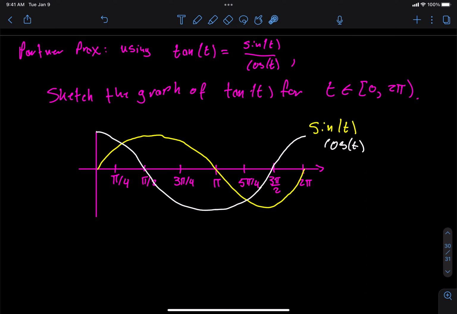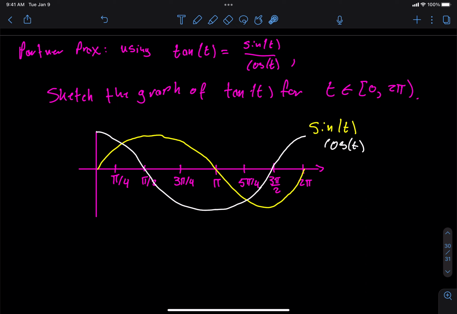Remember, to get the height of the tangent, we're going to take the y value and divide it by the x value. So what is the y value? Very close to 1. How about the x value? It's getting closer and closer to 0 from above.